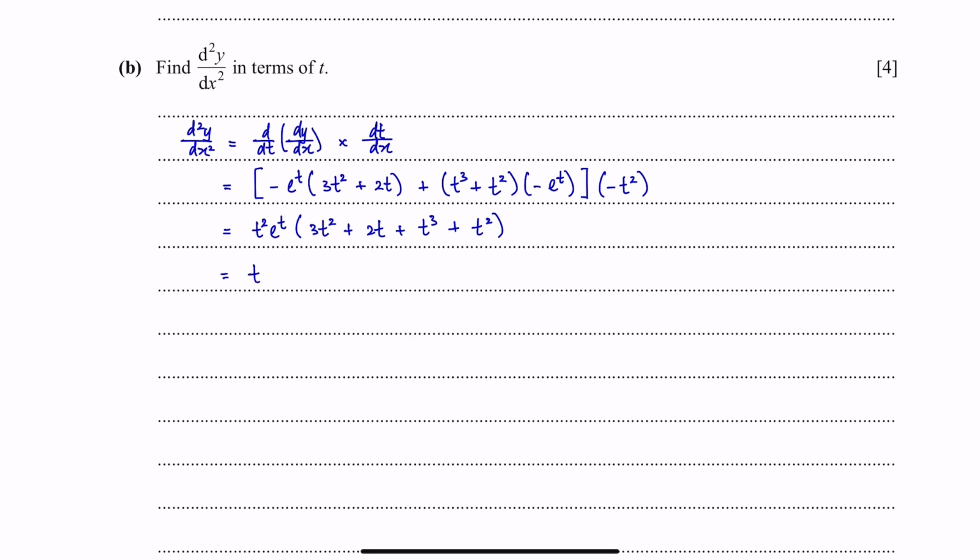And we can simplify it to t squared times e to the t times (t cubed plus 4t squared plus 2t). And again, we can take out the t's here. We can take them out. So we would get t cubed times e to the t times (t squared plus 4t plus 2). And that will be the answer.